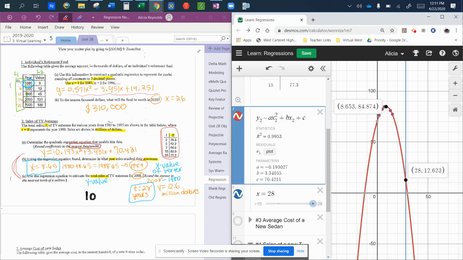So this kind of ties in with systems. When we're finding or predicting, whether it be sales or years, we are initially finding the intersection of that system. So here I have 12.6, so that's $12.6 million.